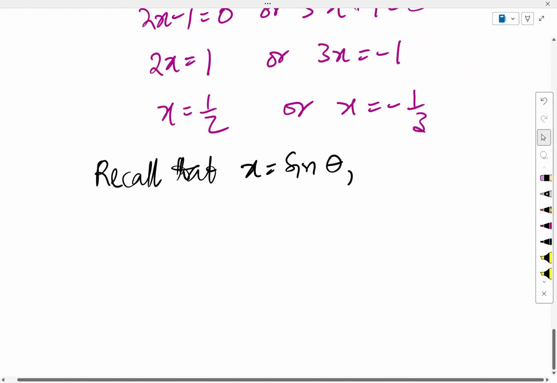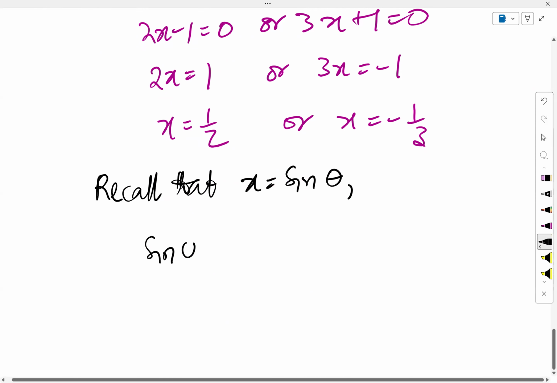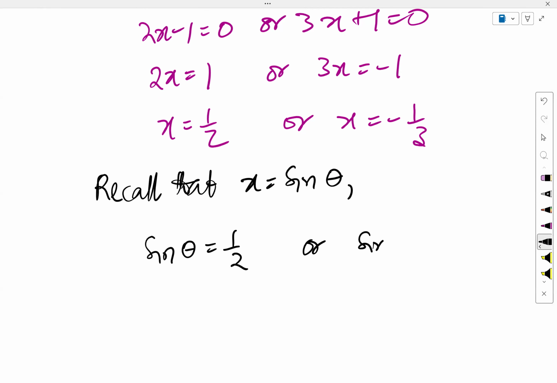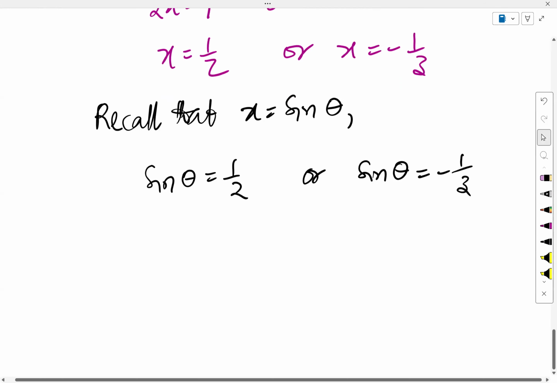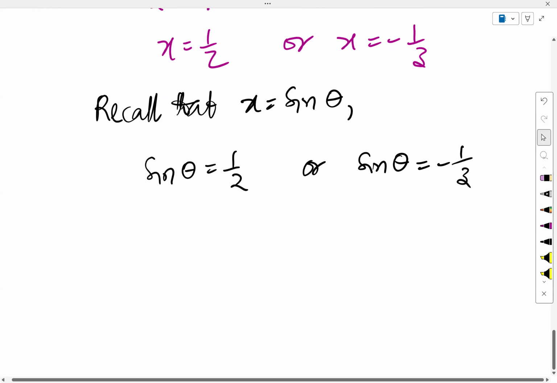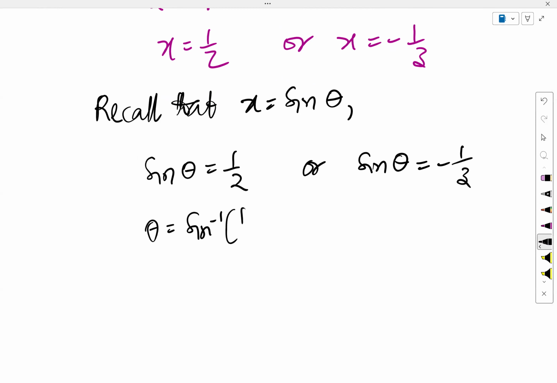Recall that. So it means that sine theta is equal to 1 over 2 or sine theta is equal to minus 1 over 3. Okay, so here now we have theta equals arc sine of 1 over 2 or theta is arc sine of minus 1 over 3.